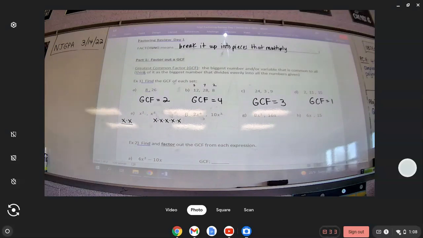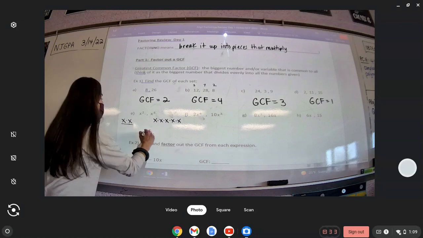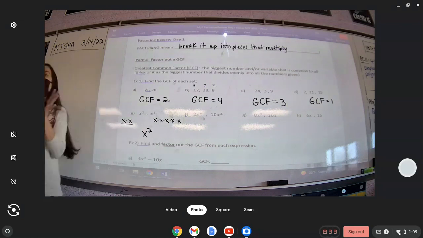So it could only be the littlest variable. So when it comes to the variables, it's always the littlest one. Because an x squared will not have any more than 2 x's to have in common with any other x's to any power. Go ahead, Danny. It doesn't matter. 2 doesn't go into 5. Nope, it's not like we're dividing this time.